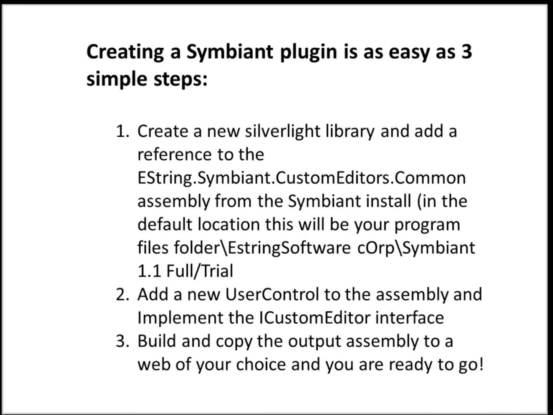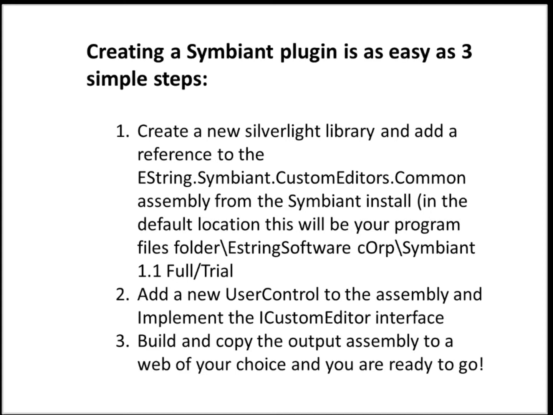Step two is you add a new user control to that assembly and implement the ICustomEditor interface found in the CustomEditors.Common assembly. And lastly, you will build and copy that custom plugin out to a web of your choice, and then you can easily reference that from any Symbiant project.